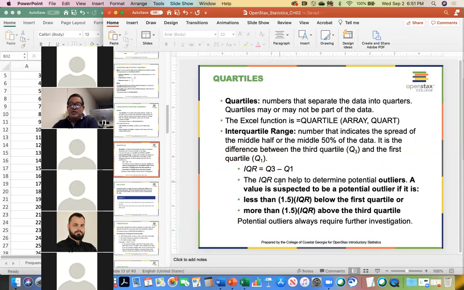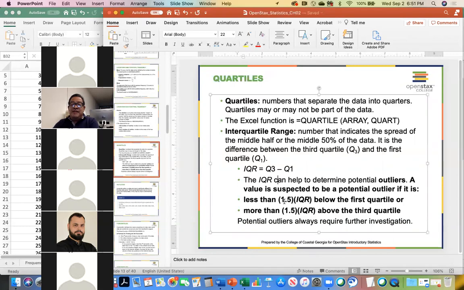A value is suspected to be a potential outlier if it is less than Q1 minus 1.5 times the interquartile range, or larger than Q3 plus 1.5 times the interquartile range. Those are outliers.